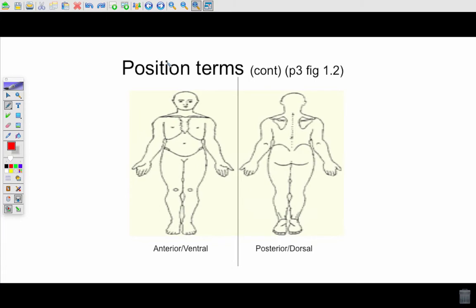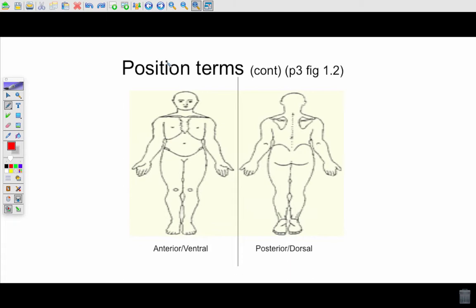Okay, more position terms. We have anterior and ventral. Anterior and ventral mean the same thing. We're talking about humans. Anterior means toward the front. Ventral means towards the front also. These, anterior and ventral, for humans are the same.